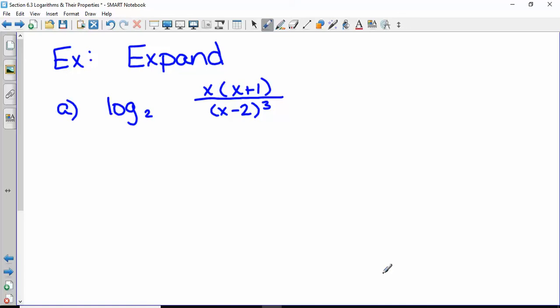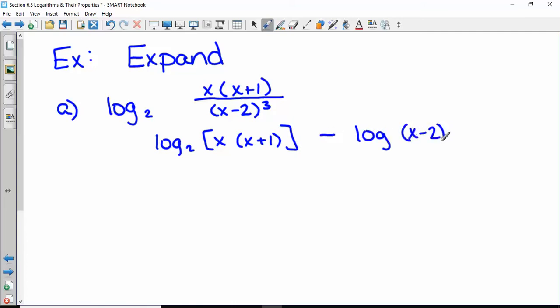How many times will I have to write the log at the end? 2, 3. Well, I'm just gonna keep guessing numbers. 6. Expanding, we break it apart, right? So if you have things divided, you have to subtract them. So it would be the log of the top minus the log of the bottom. We agree with that?